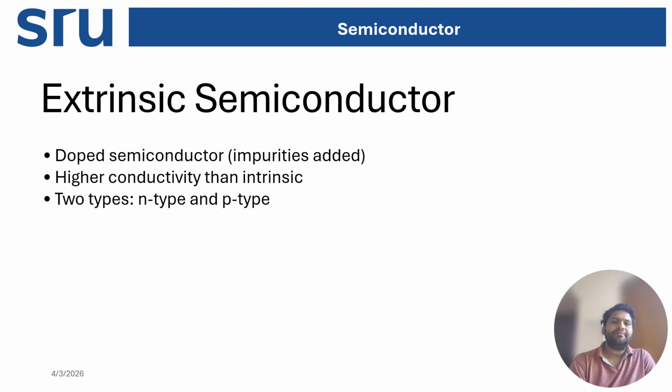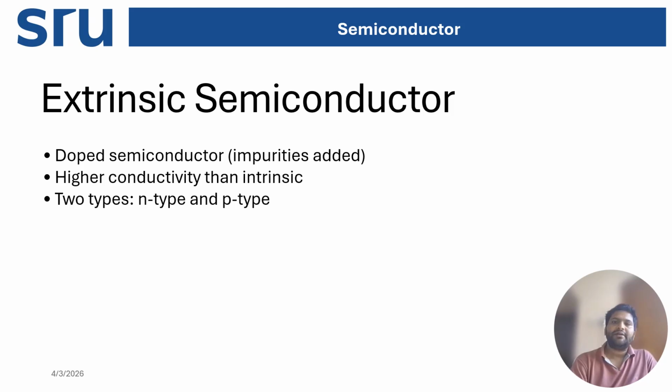In N-type materials, electrons are the majority charge carriers. Holes are minority charge carriers. It means in N-type semiconductors, electrons are maximum compared to holes.